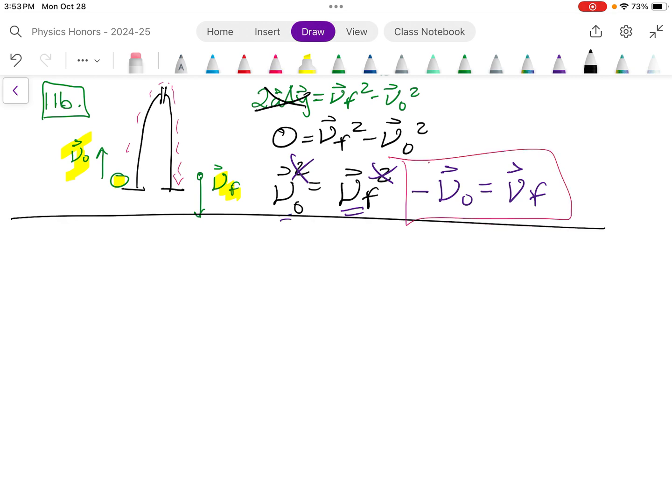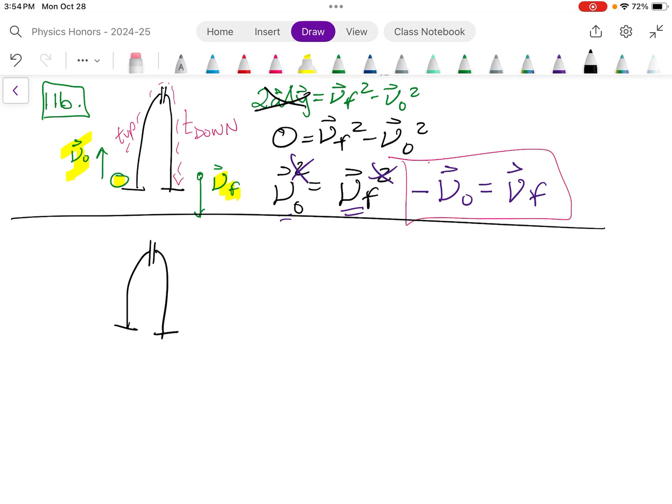Second thing, you may also think, hey, maybe there's a relationship between the time on the way up and the time on the way down of that object in free fall. And you might be right, but again, we got to check it before we wreck it. Okay, so let's look.